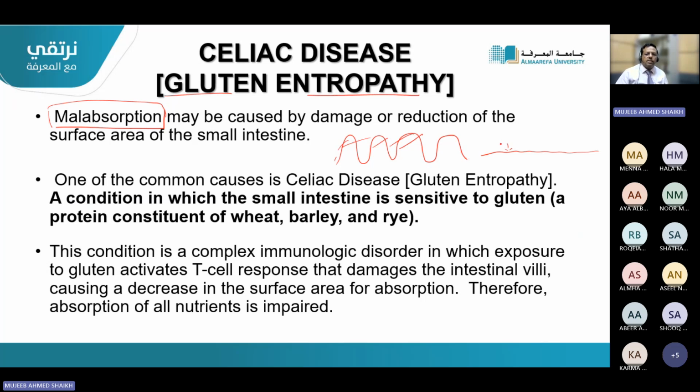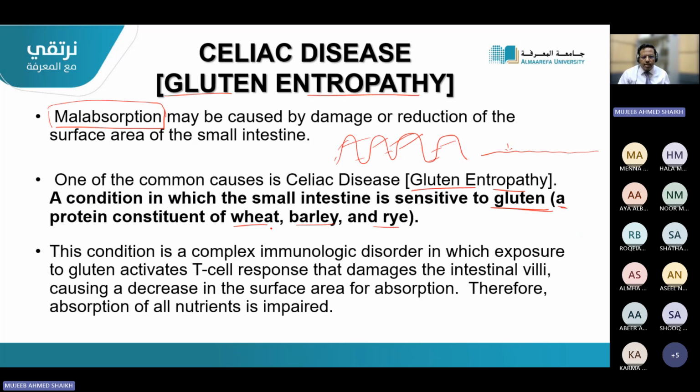One of the conditions causing this loss of villi is gluten enteropathy, which is an immunological disease where the mucosa becomes sensitive to gluten, a type of protein. Gluten is a protein present in wheat, barley, and rye.